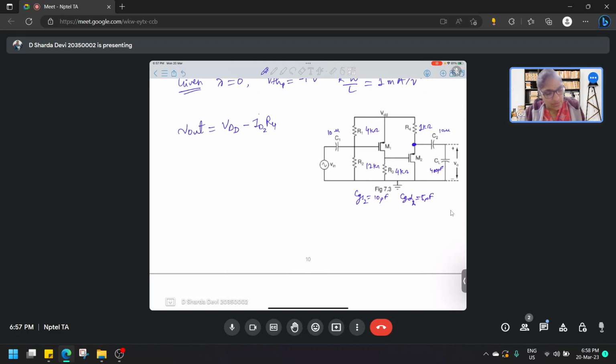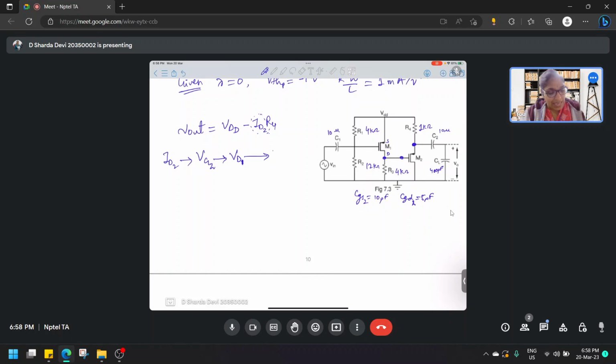So I need to find this ID2. How to find ID2? For that, I need to know the value of VG2, but VG2 is actually the drain voltage. So for this I need to know VD1.